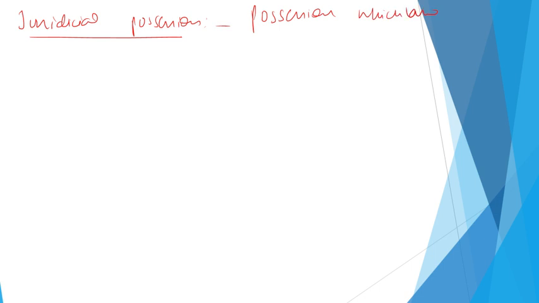Juridical possession basically means a possession which law recognizes and protects, even if title is imperfect.